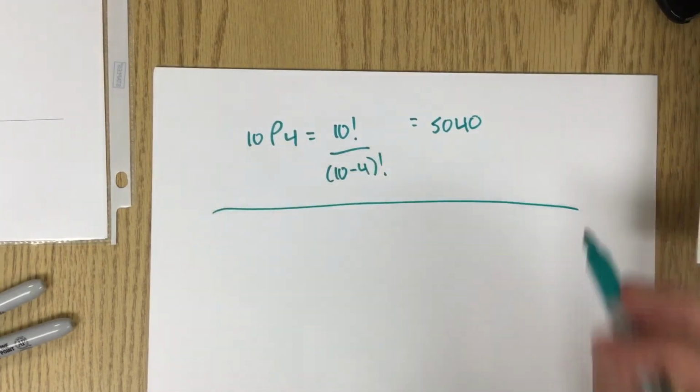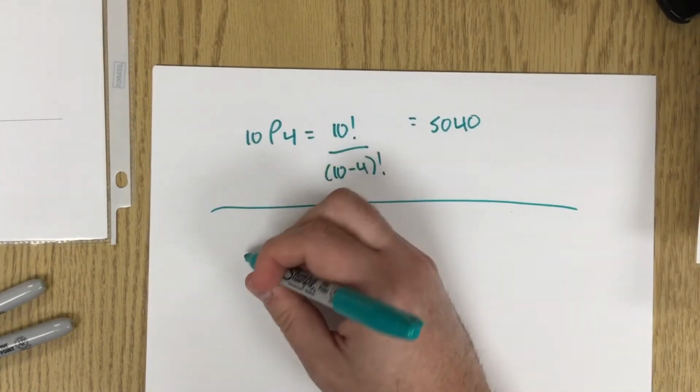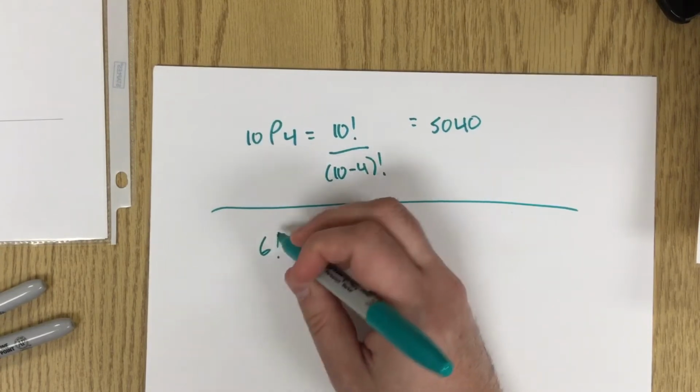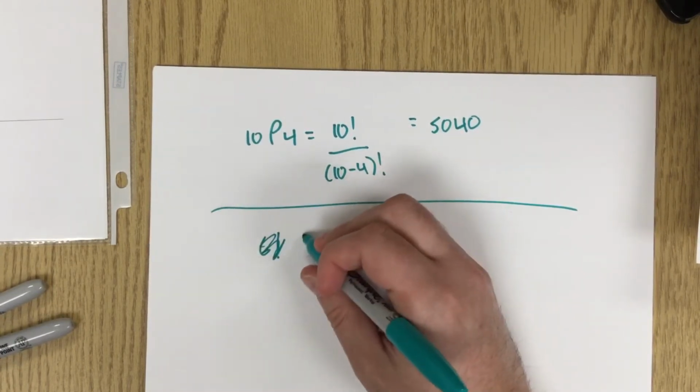Now, I'm going to show another way of doing it. Let's say we had 6 pick 2.